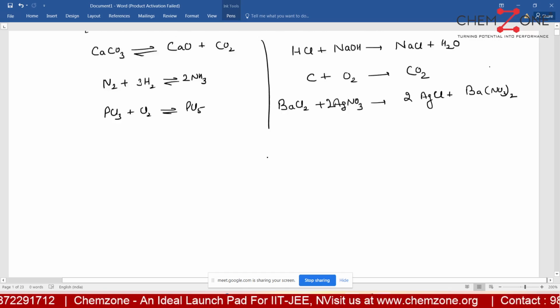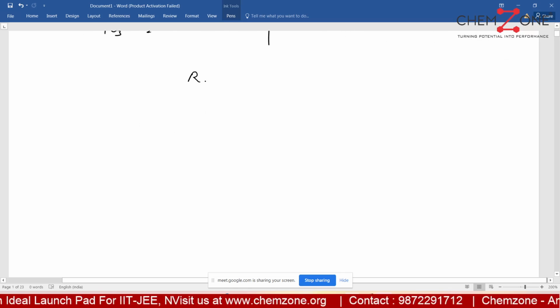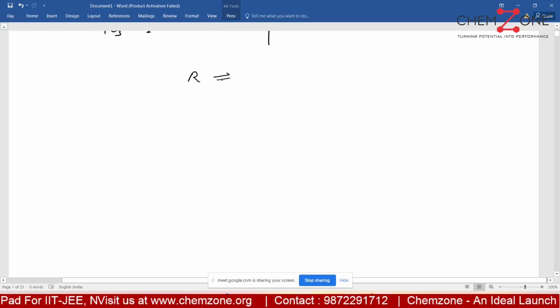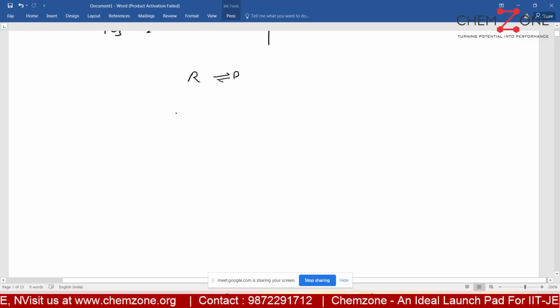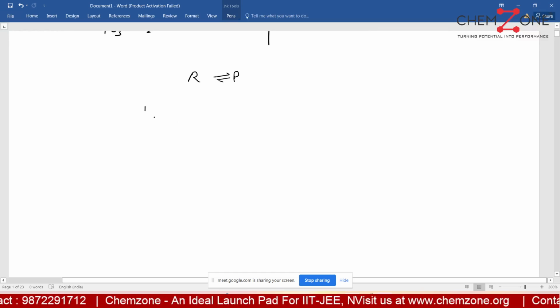Now, in a reversible reaction, when reactants and products are interconvertible, two reactions are going on, one in the forward direction, the other in the backward direction.